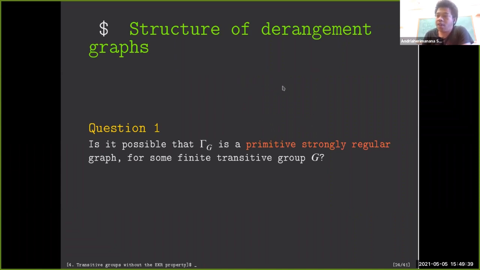And if we look at Frobenius groups, Karen proved on Monday that Frobenius groups have derangement graphs that are a union of cliques of the same size. So they're also imprimitive strongly regular graphs. So my next question is whether it is possible for a derangement graph of a transitive group to be a primitive strongly regular graph. I suspect that the answer is no, but I don't have any proof.